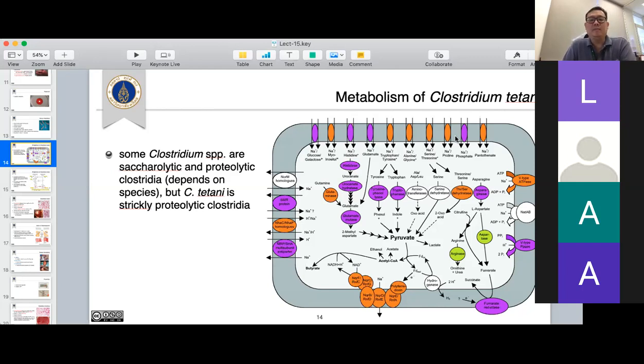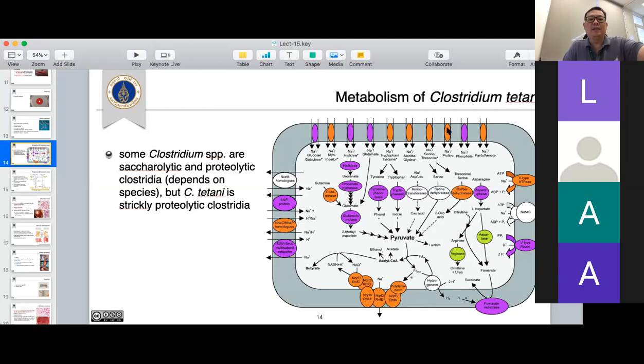So Clostridium can be 2 different types. One type is saccharolytic Clostridia. Another type is proteolytic Clostridia. It depends on species. Okay, this is a general characteristic. Saccharolytic Clostridia use sugar and convert sugar to so many types of acid.